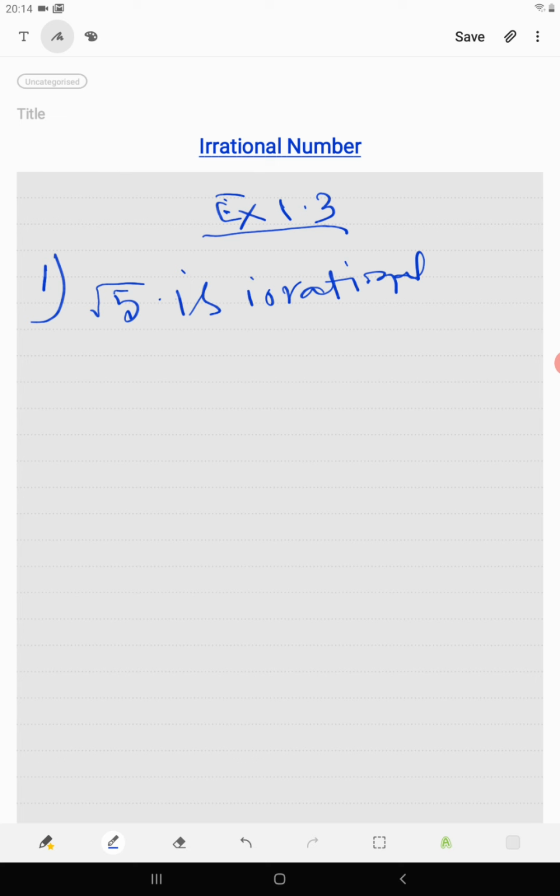So assume root 5 is rational. Let root 5 be a rational number.